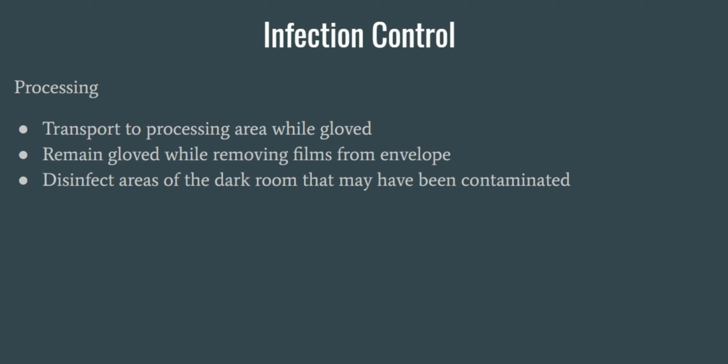And then when that's all done, you'll disinfect any area of the darkroom that may have been contaminated. And again, this should be a hospital grade disinfectant. You always want to use the hospital grade disinfectant no matter what area we're disinfecting, unless of course it's your housekeeping surfaces like your walls and things of that nature.